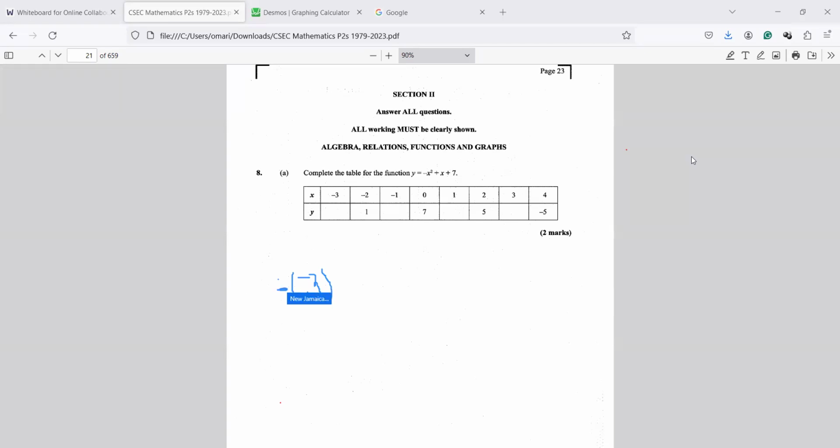Put back the negative sign, squared, and then we add another -3, so plus, put in bracket again your -3, and then plus 7.